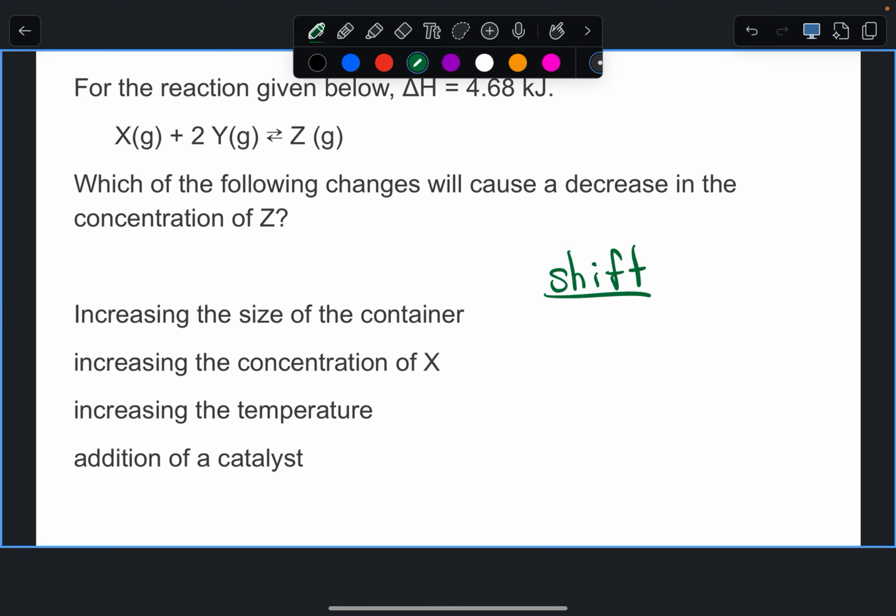And then we will talk about how that affects Z. So I'll tell you right now, because we haven't talked about it yet, catalysts don't do anything. They speed up a reaction, so it'll get to equilibrium faster, but it doesn't change the balance point at all. So just look at those other 3 and predict which way it'll shift.